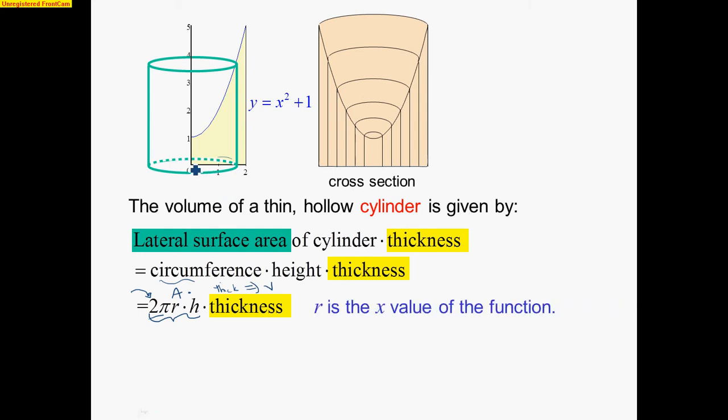The radius of this cylinder is an x number. The height of the cylinder goes up to the function, right? And notice that no matter what cylinder I draw, here's another cylinder, there's another hollow cylinder nestled inside that one.